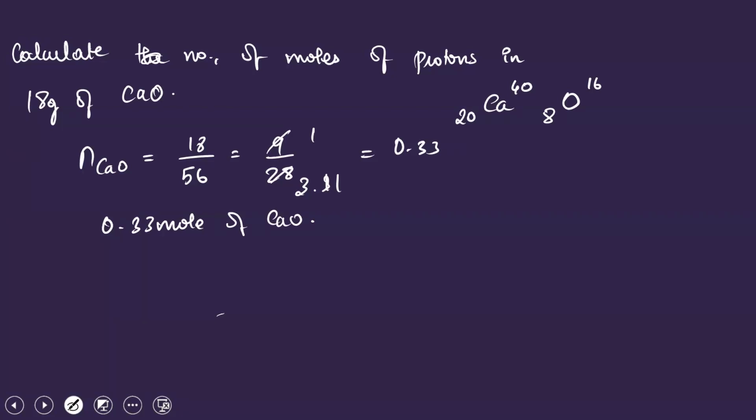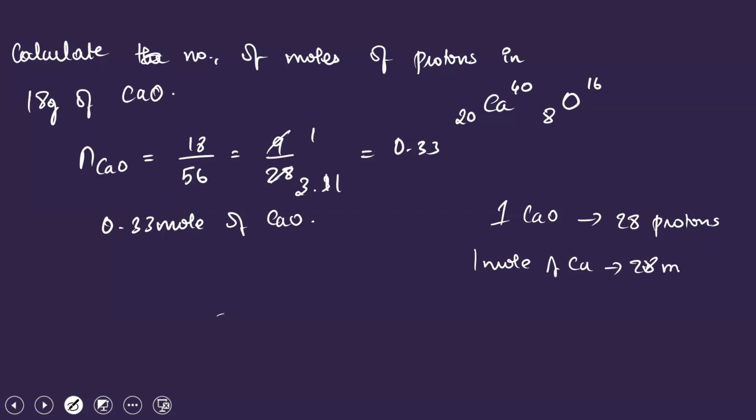Atomic number. Correct? So the atomic number of calcium is 20, so it has 20 protons. The atomic number of oxygen is 8, so 8 protons. So in total, in one calcium oxide, how many protons do I have? 28 protons. Right?